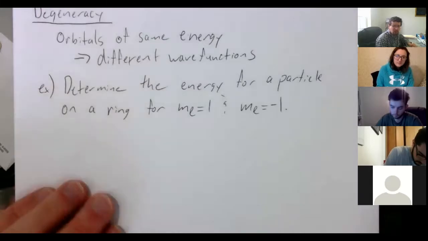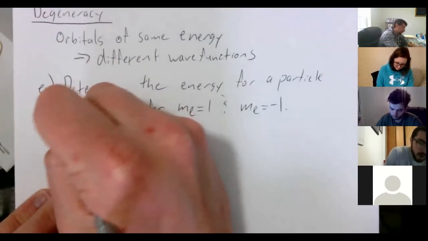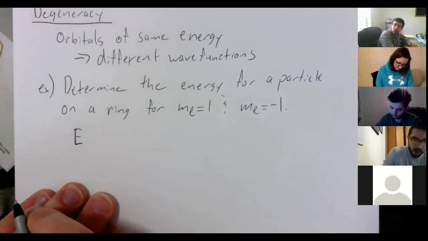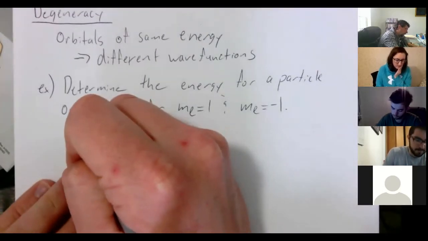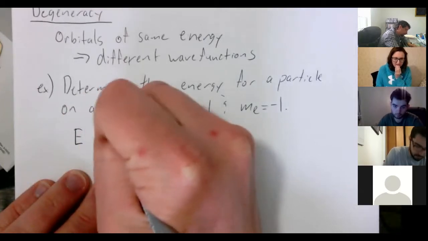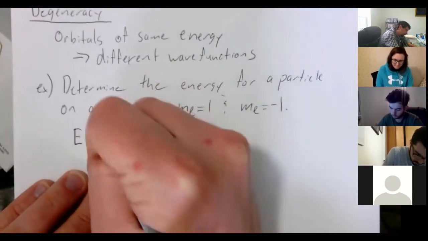Okay, do you remember what the energy expression was for a particle on a ring? Or what quantum number is important here? ML squared H bar squared over 2I. Yep.